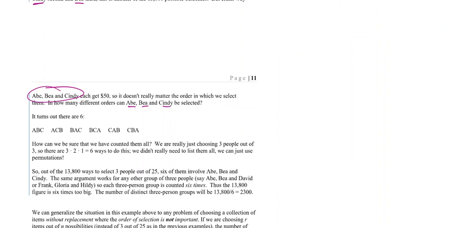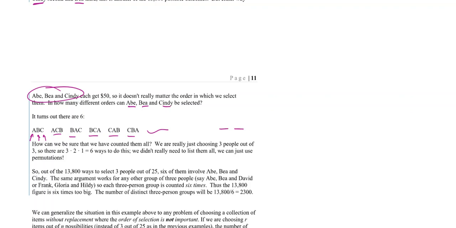So if you think about it, if we just wrote these out, this A stands for Abe, Bay, and Cindy, right? Then you could arrange those six different ways. One could be first, one could be second, one could be third. If I'm just focusing on whether or not I got all of these different orders, that'd be the same thing as doing this.